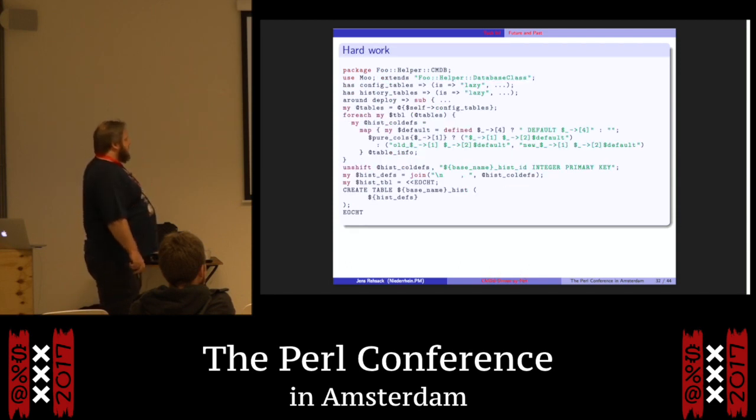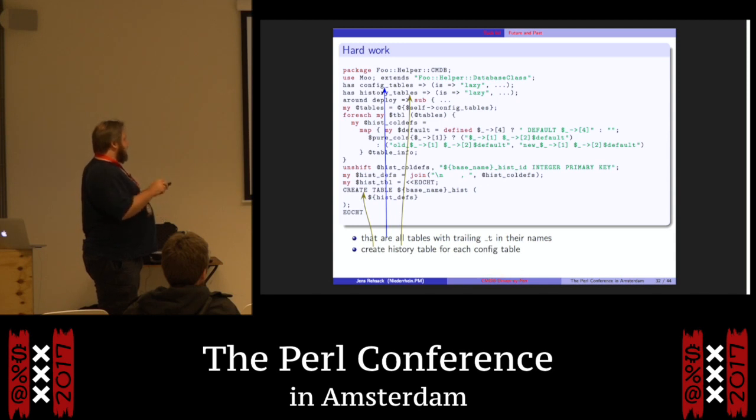And this CMDB instance on deploy creates, from the tables with the customer T, VPN T, and so on, the history tables by deriving all columns, adding an old underscore and a new underscore for each column, and putting it in the history table.